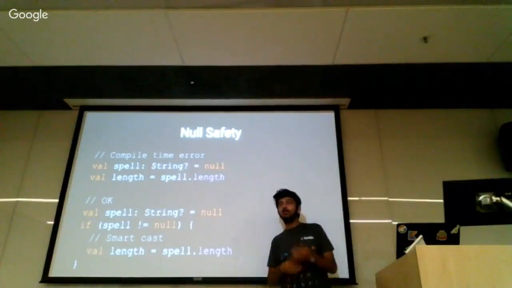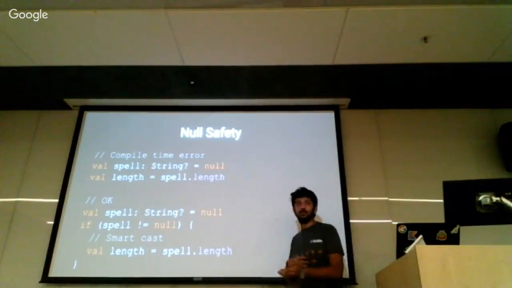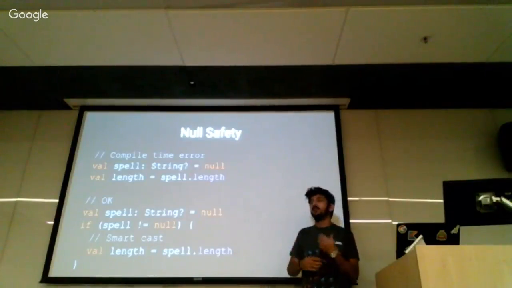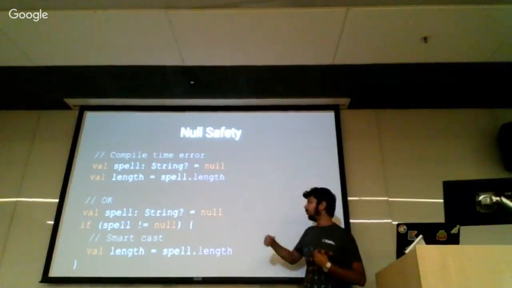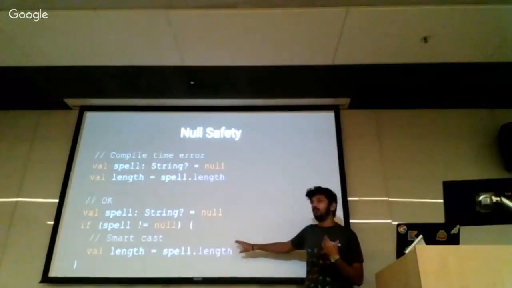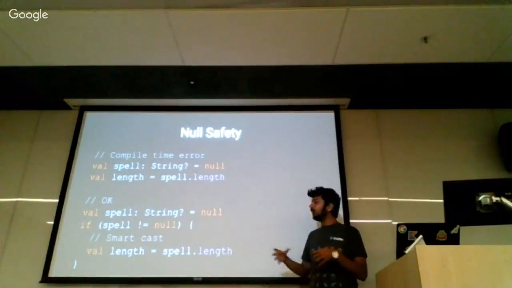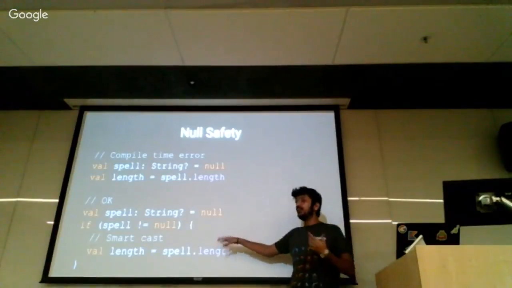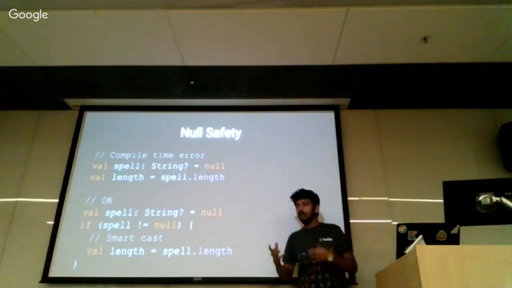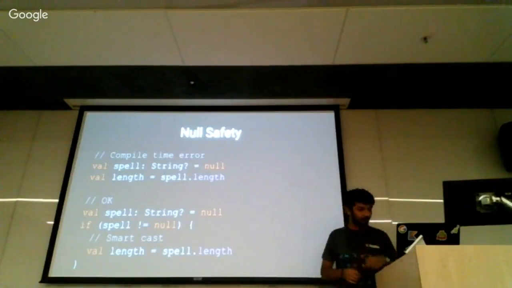In order to access a nullable value, you need to cast a protection system before using it. Like in the second case, we have used the if condition and we have checked if the spell variable is going to be null or not. That way, if it's not going to be null, that particular part is going to execute. So the Kotlin compiler is smart and it knows that inside the if block, the spell variable in our case is not going to be null. So that prevents runtime exceptions.